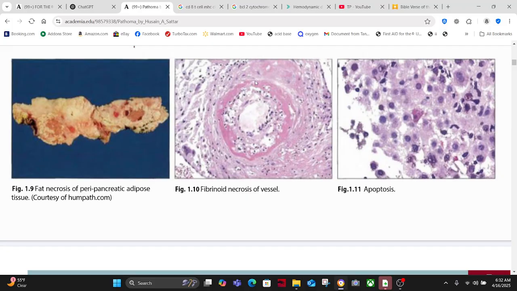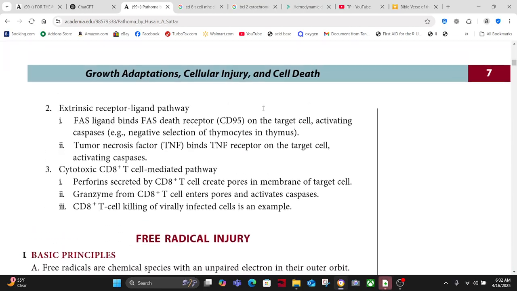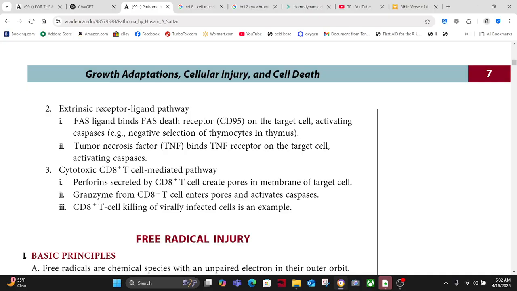Fibrinoid necrosis is the type of necrosis you will see in malignant hypertension and in preeclampsia, and vasculitis. Okay. Next, we have the second way that apoptosis happens through caspases: the extrinsic receptor-ligand pathway.